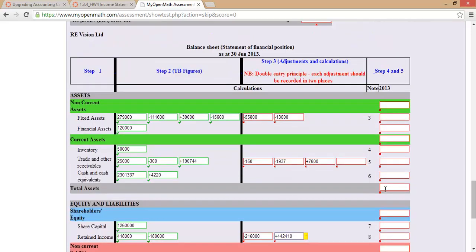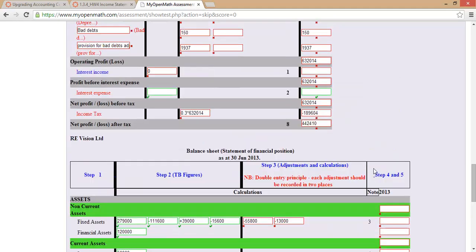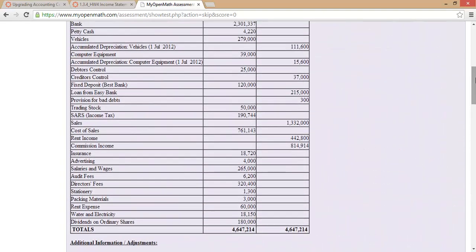Oh, one thing that we almost forgot. Remember we said for every adjustment you need to record the adjustment in 2 places. My income tax, we only recorded it in 1 place. The other place that we need to record this is against the place where we recorded our SARS provisional tax.